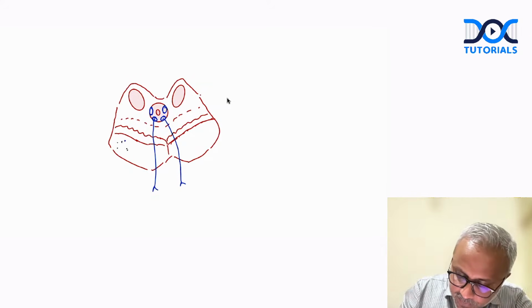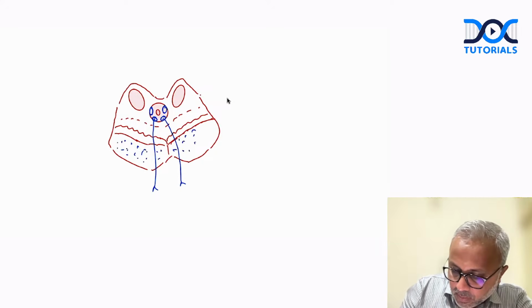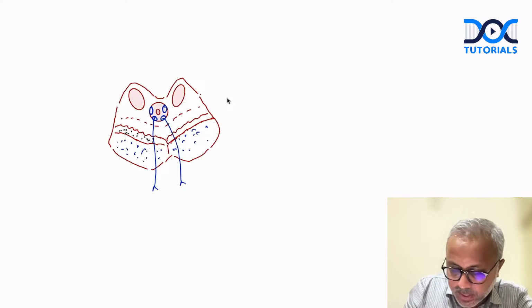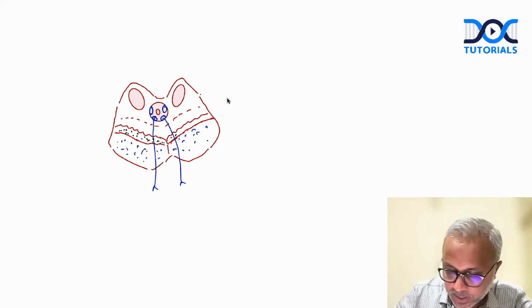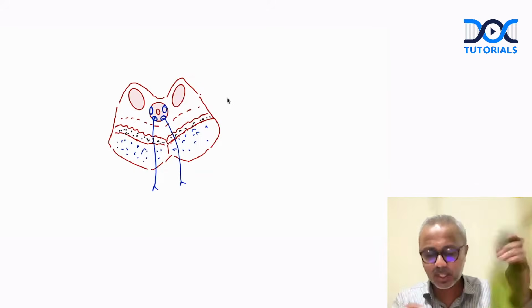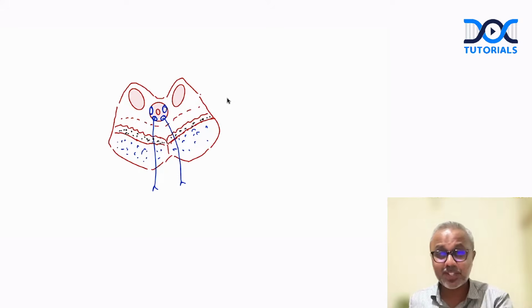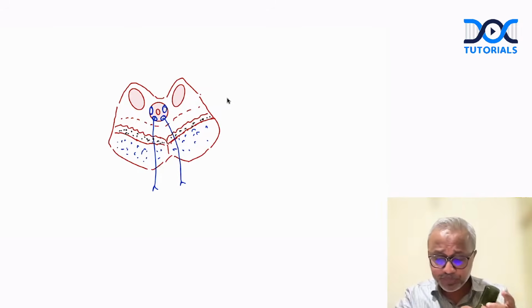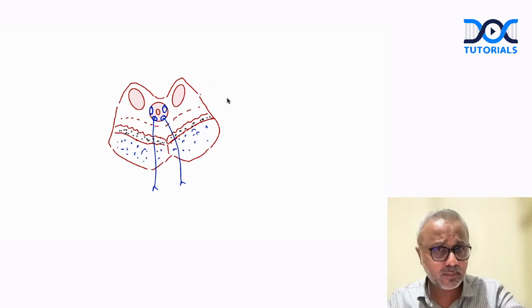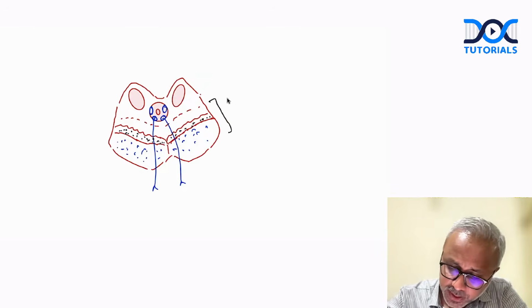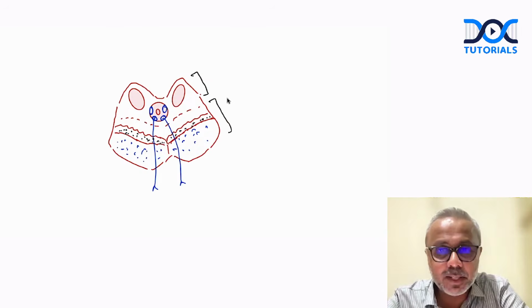So this is the crus cerebri. And this dark area we have, this is the substantia nigra. So this is what we need to draw for the section of the midbrain. As I said, what the examiner will look for is whether you have written the ventral and dorsal part of the midbrain.